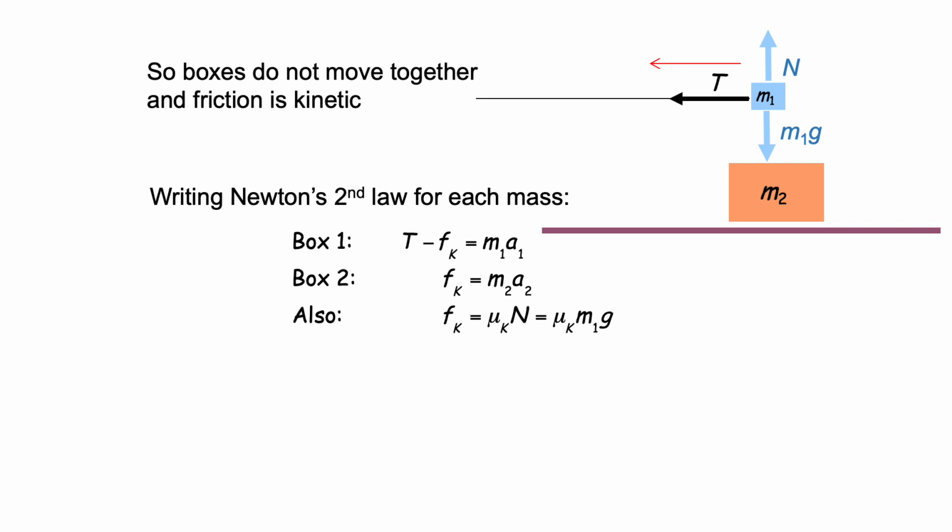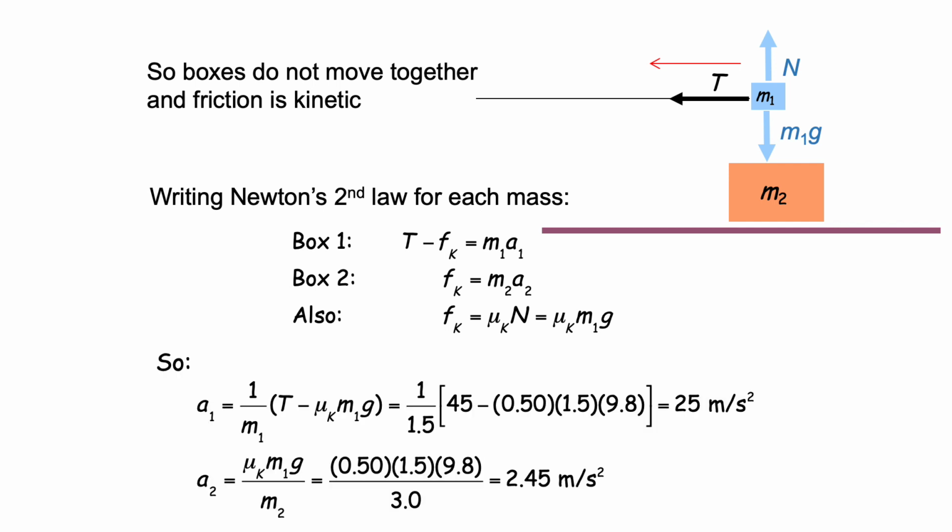And we know that the kinetic friction is equal to mu sub k, not mu sub s, times N, and we know that the normal force is m1g. When we solve this system of two equations, we end up getting that the first block is going to accelerate at 25 meters per second squared, while the second block is going to accelerate at 2.45 meters per second squared.